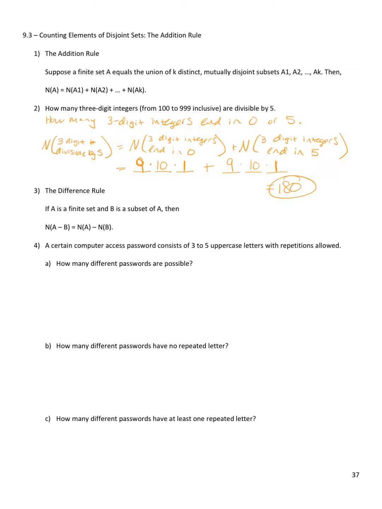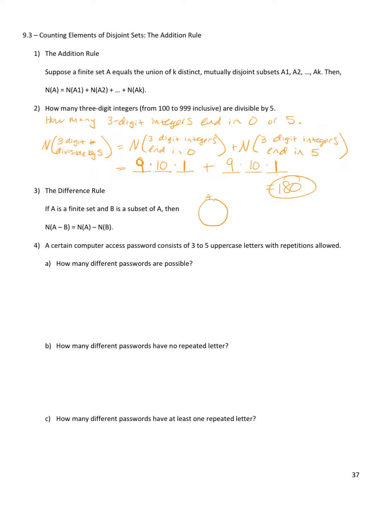Okay, the difference rule says that if A is a finite set and B is a subset of A, then the number of elements in A minus B, which you might recall is A, but take all the elements in A and then take away any elements that are in B. So a little Venn diagram.